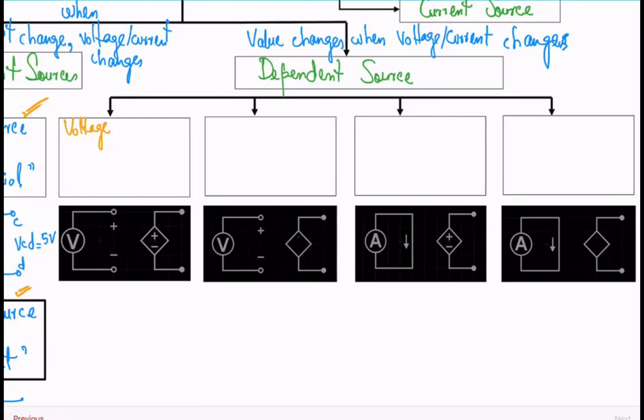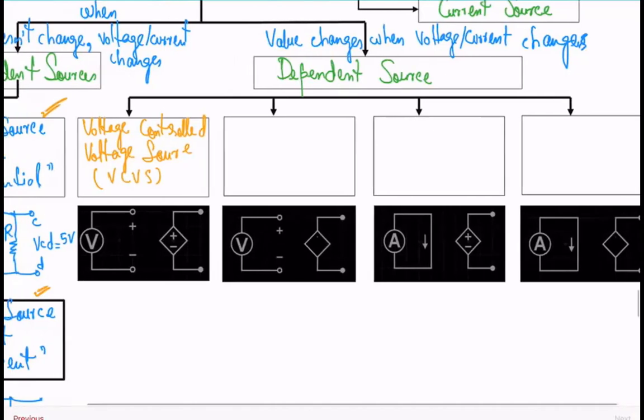The first kind of dependent source is the voltage controlled voltage source, also referred to as VCVS. So what is happening over here?